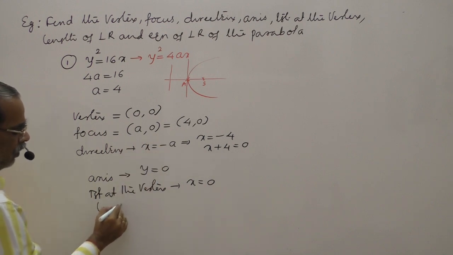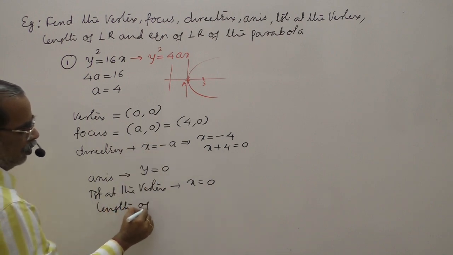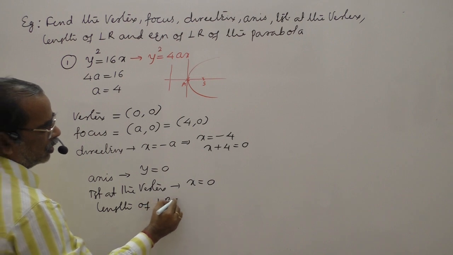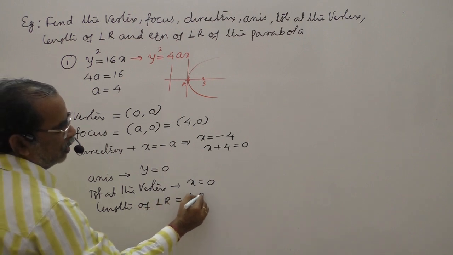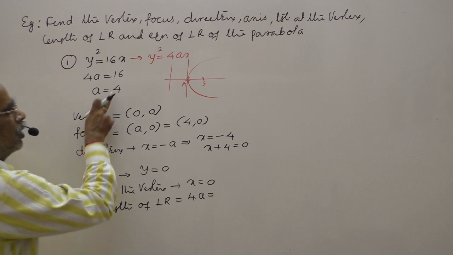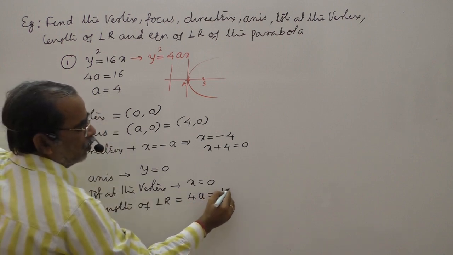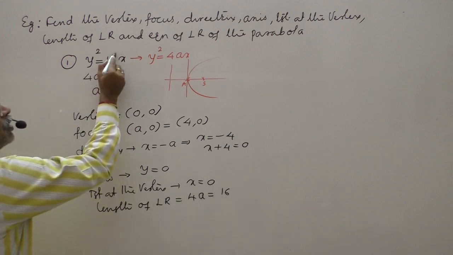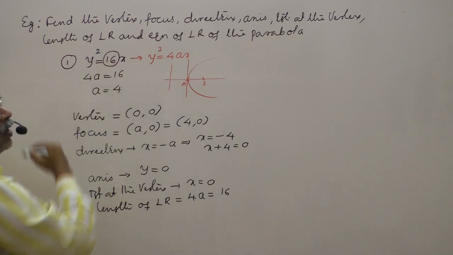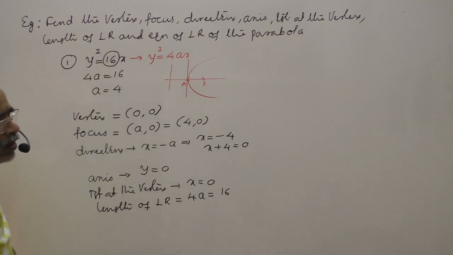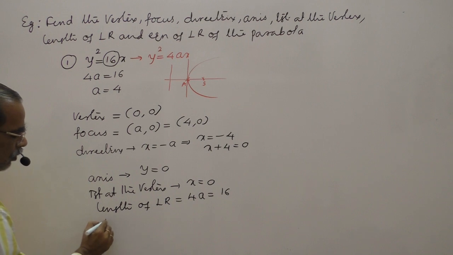Next, length of the latus rectum. What is the length of the latus rectum? For any parabola, it is 4a. What is a? 4. 4 into 4, 16. Here this first degree coefficient, its magnitude always represents the length of the latus rectum.